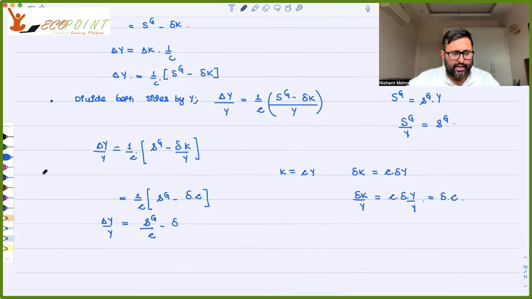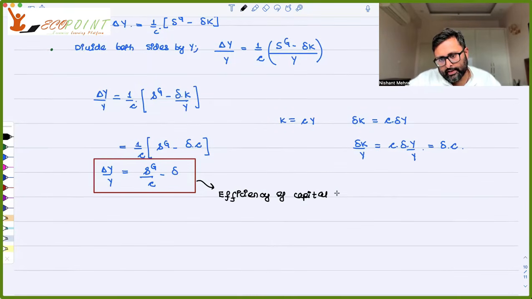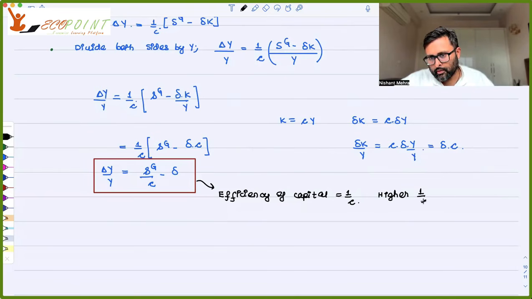So the efficiency of capital is given by 1 upon C. So what do you mean by that? 1 upon C is your output capital ratio. So it reflects how efficiently capital is being used. Small c is capital output ratio, so 1 upon C is output capital ratio. Higher 1 upon C would mean you can produce more output from a given unit of capital or investment.